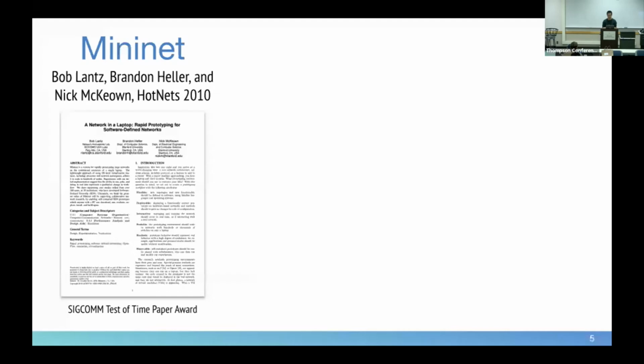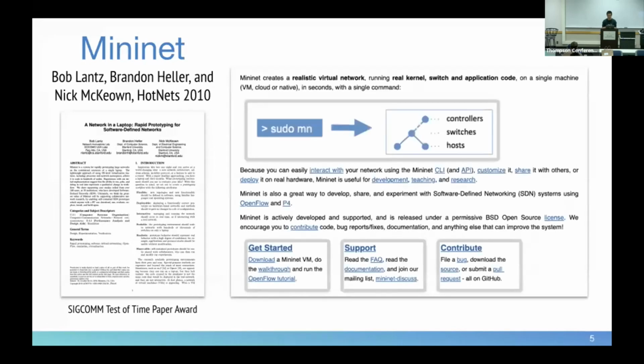Our community has tackled such challenges in the past, and Mininet, in particular, is a prototyping environment for SDN, which allows developers and researchers to create, test, and play around with virtual networks, making it a first resort for researchers and students to prototype and learn about SDN and networking in general.